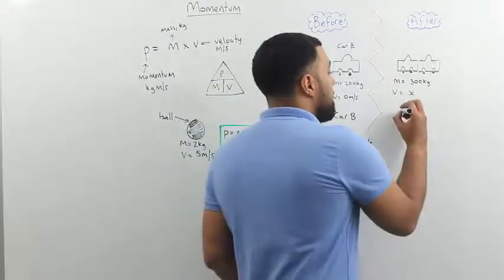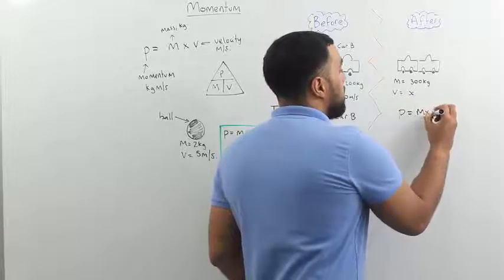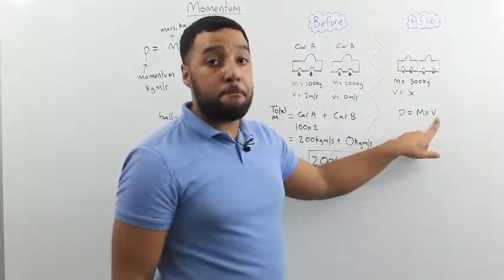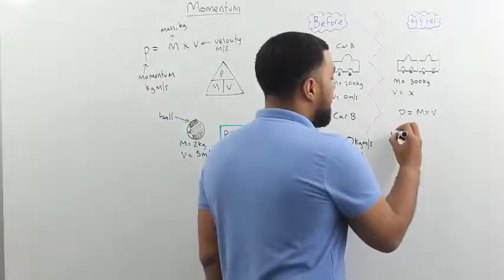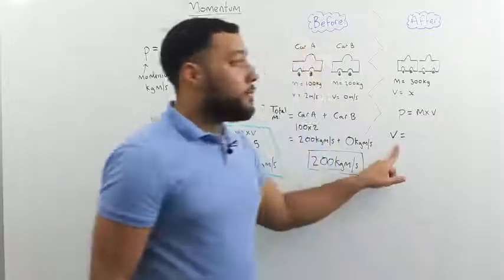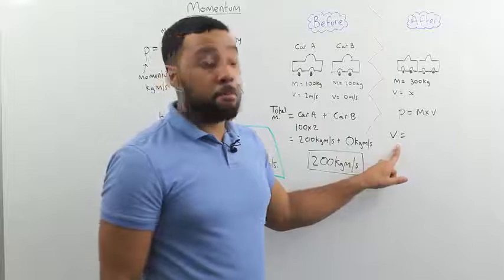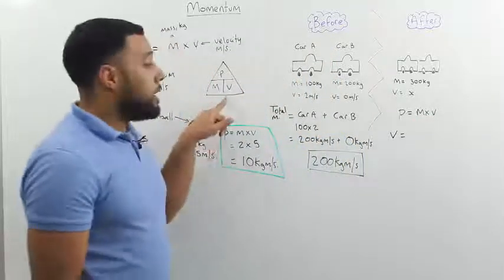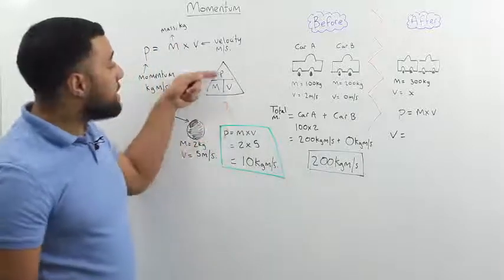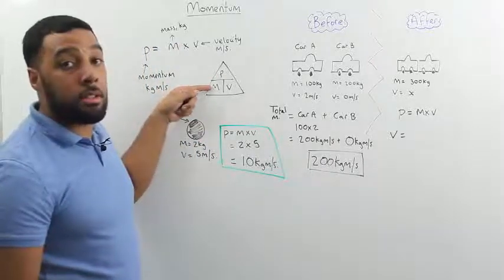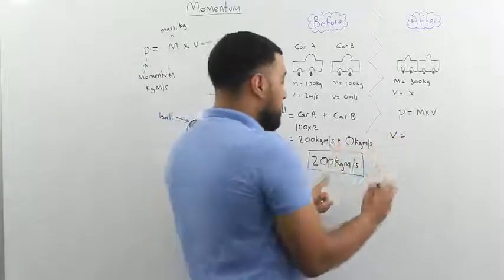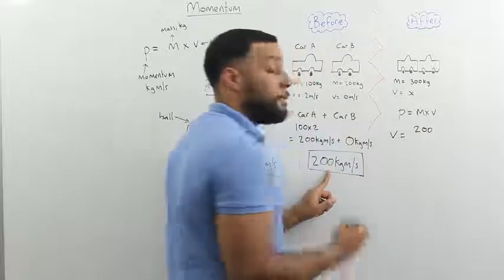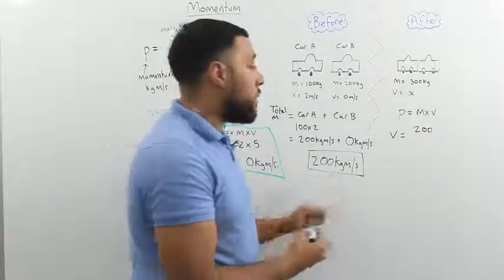So we write our equation. Momentum is equal to mass times velocity. And we want to calculate the velocity. So, looking at my equation, it's momentum divided by mass. So momentum is 200 because it doesn't change before or after the incident.